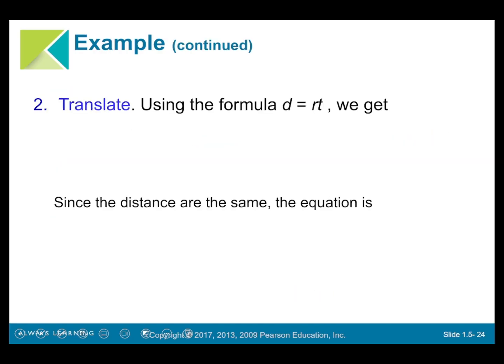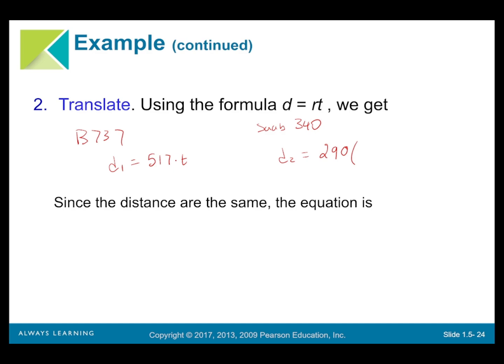We saw this drawing. So now we want to think about how we translate this into using the formula D equals R times T. Well, for the Boeing 737, we'll start with this one first. We'll say D1 equals our rate 517 times our time. And for the SAAB 340, we know our distance is 290 times.